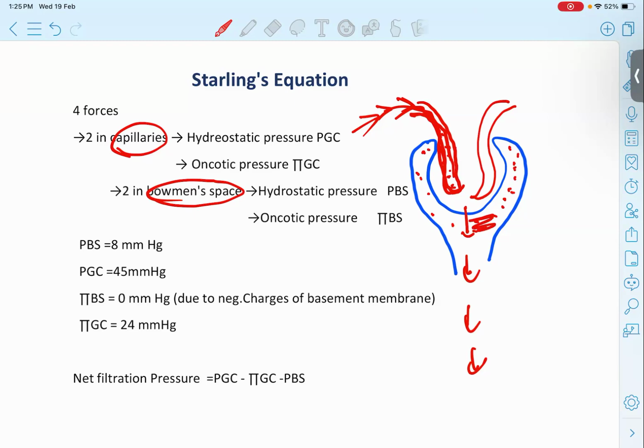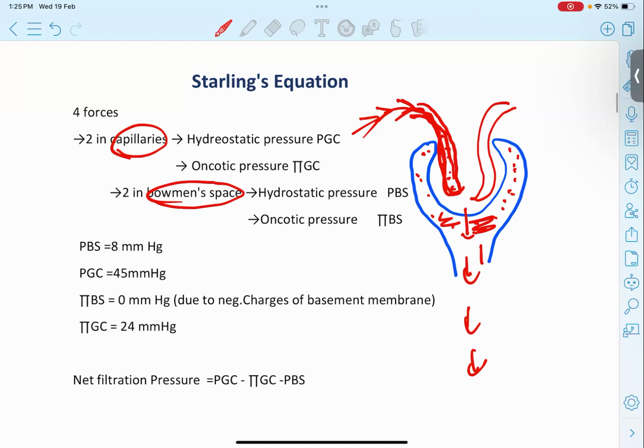This area is called Bowman space. The Bowman space has the same 2 types of pressure: one is hydrostatic pressure, another is oncotic pressure. Hydrostatic pressure is again the flow of the plasma that is getting filtered, so that exerts a hydrostatic pressure. And another is the oncotic pressure.